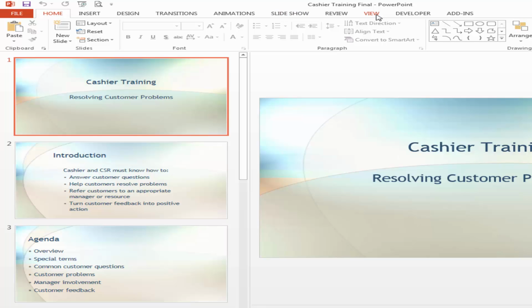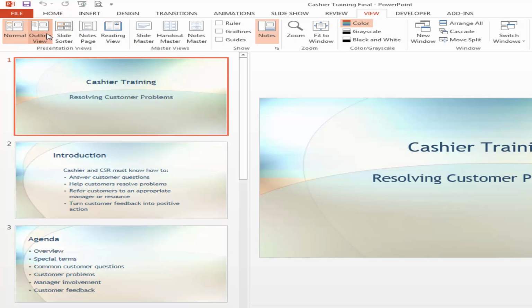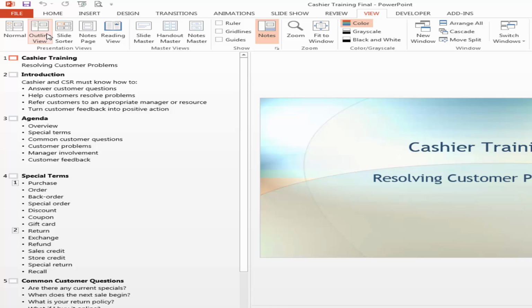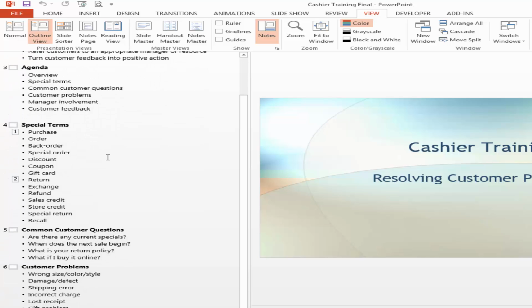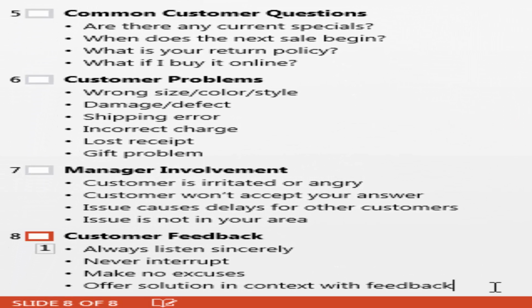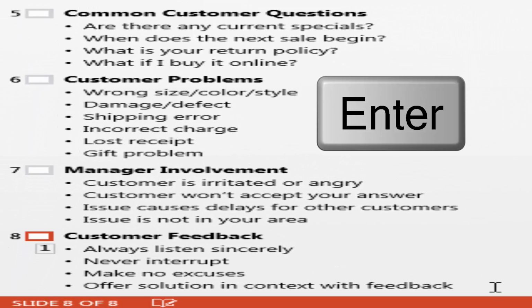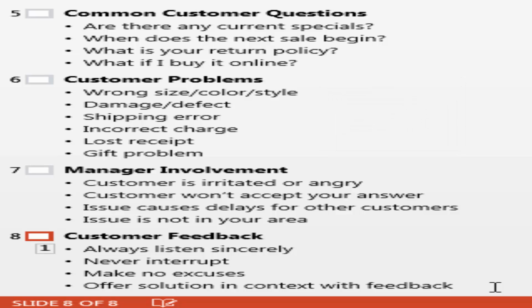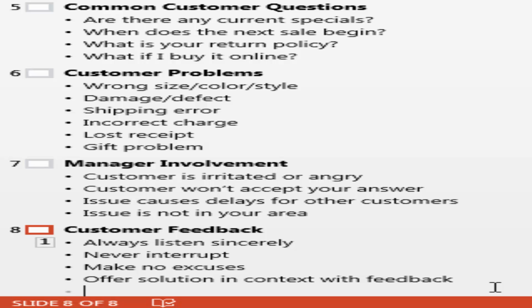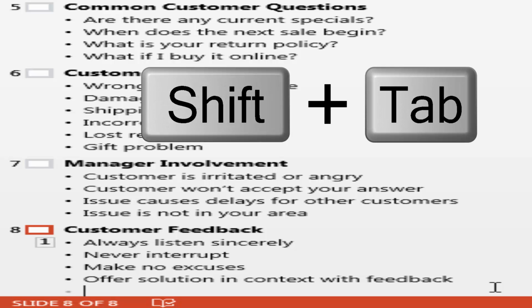Switch to Outline View, and scroll down to the bottom of the presentation in the Outline pane. Click after the last bullet point on the last slide and press Enter, creating a new bulleted paragraph. Press Shift and Tab to promote the new paragraph to a new slide.